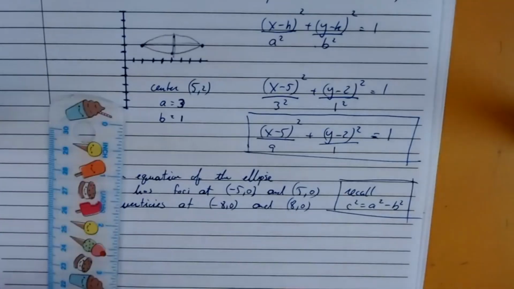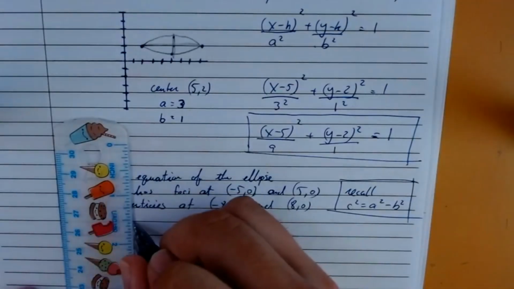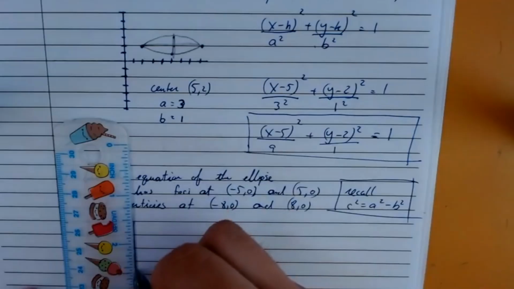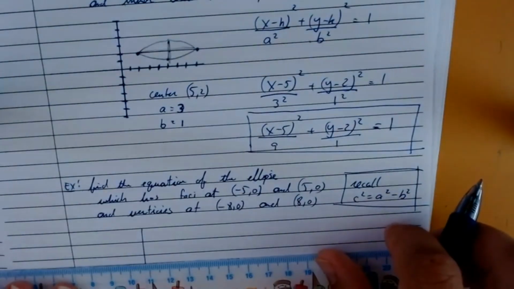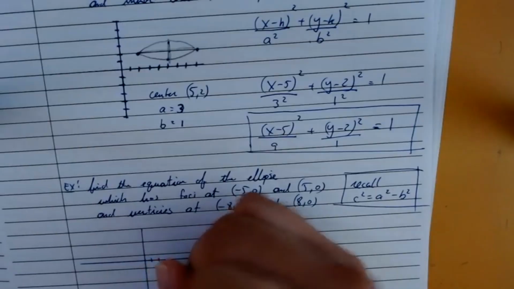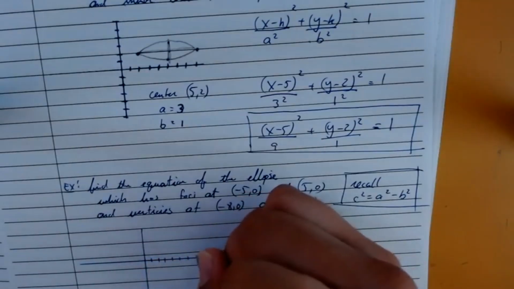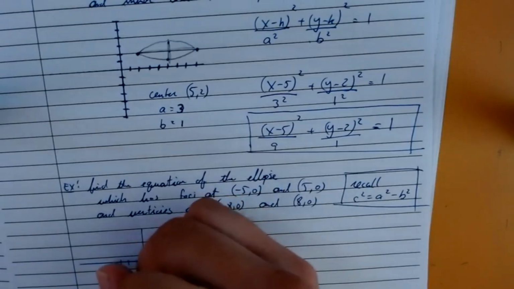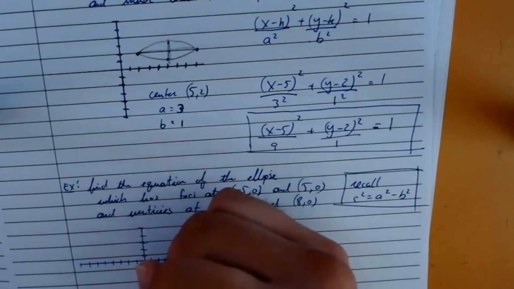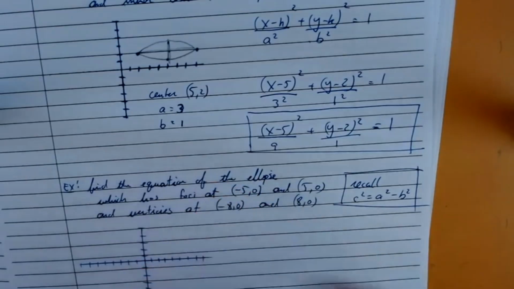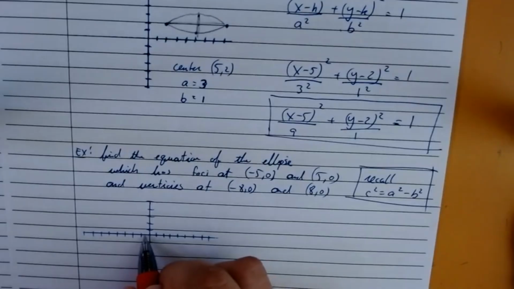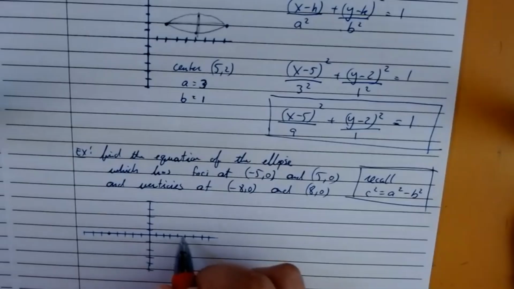So, as mentioned, we may wish to start with an illustration. Again, it's useful in helping us organize our thoughts. However, it's not strictly necessary. All right, so let's go ahead and take a look here. (-5, 0) and (5, 0).